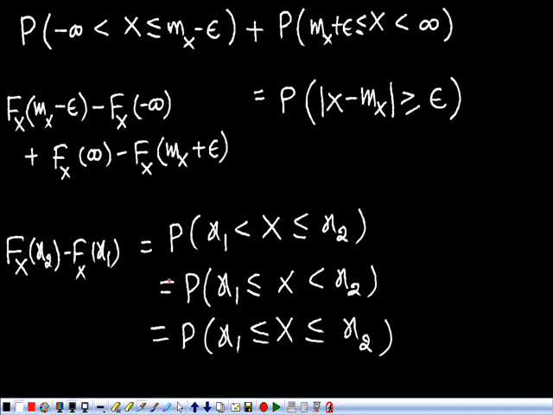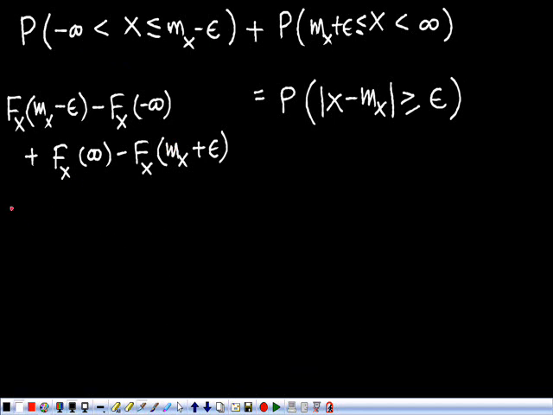Is it right? So we used this fundamental property of the CDF, and we have written this as this in the form of probability of x1 less than x less than or equal to x2. So fx of x2 minus fx of x1. Similarly this one. Now this is fx of mx minus epsilon minus fx of minus infinity, which is 0, and fx of plus infinity is 1.